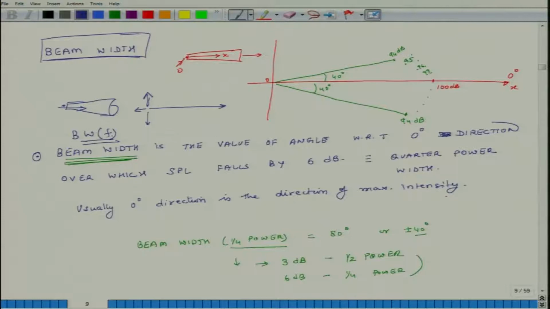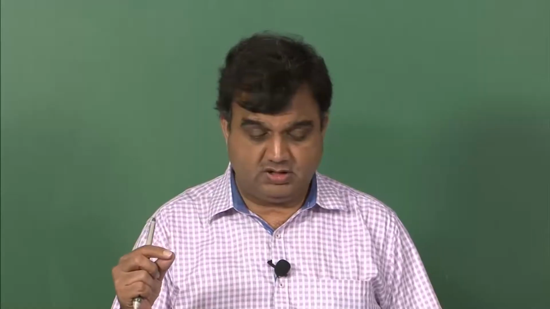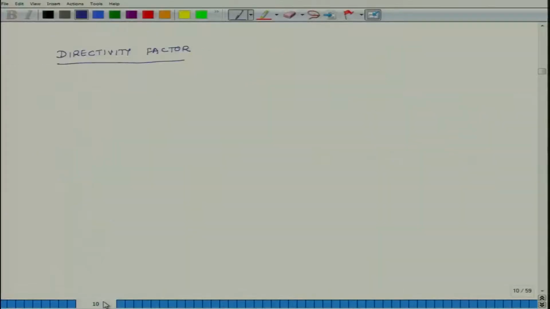Maybe it will have a 40 degree beam width for 2000 hertz, but for 5000 hertz maybe the beam width could be only 10 degrees. So it is important to understand that whenever we are talking about directivity, it is very strongly dependent on the frequency of interest.